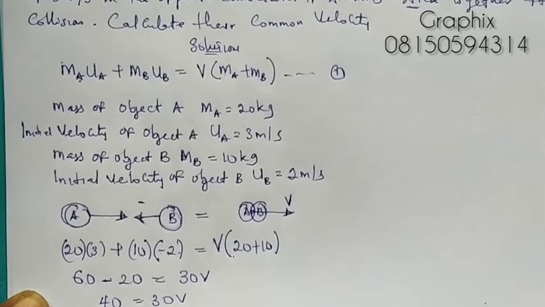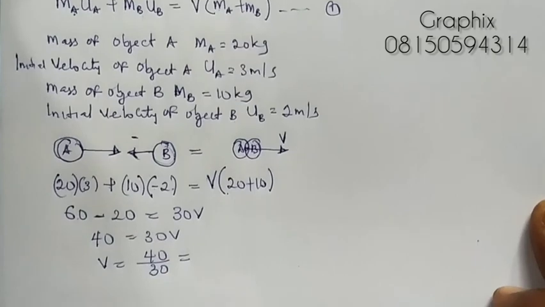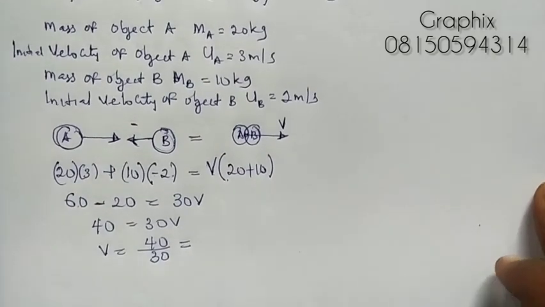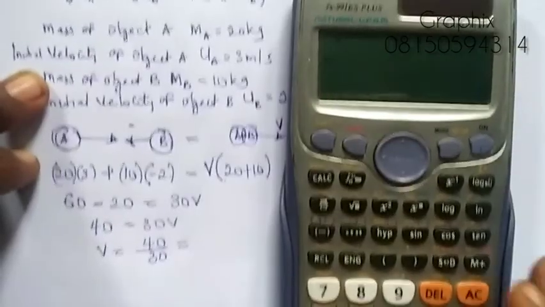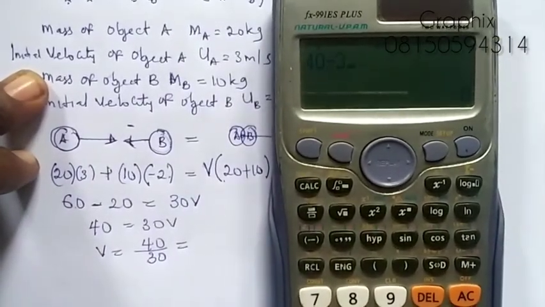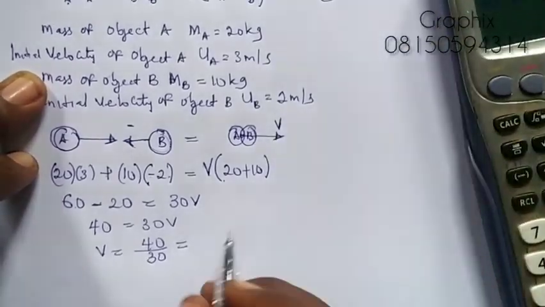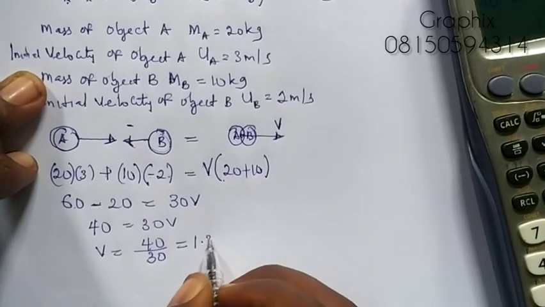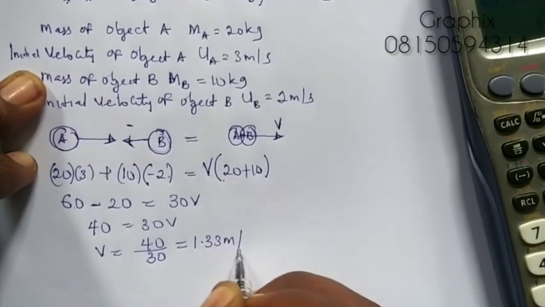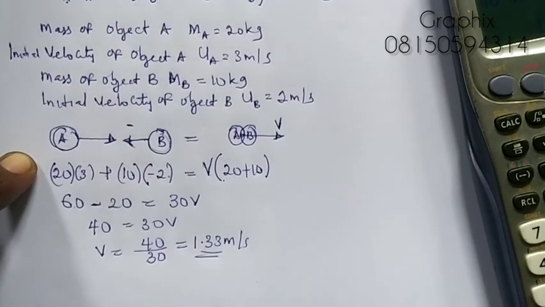V will give me 40 over 30, and 40 divided by 30 is 1.33 meters per second. So that is the common velocity. Thank you very much.